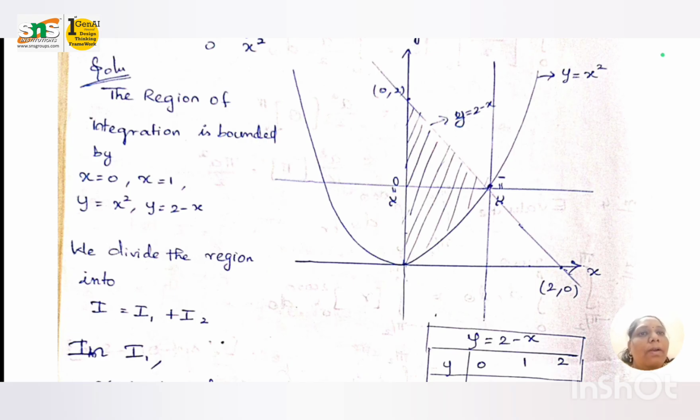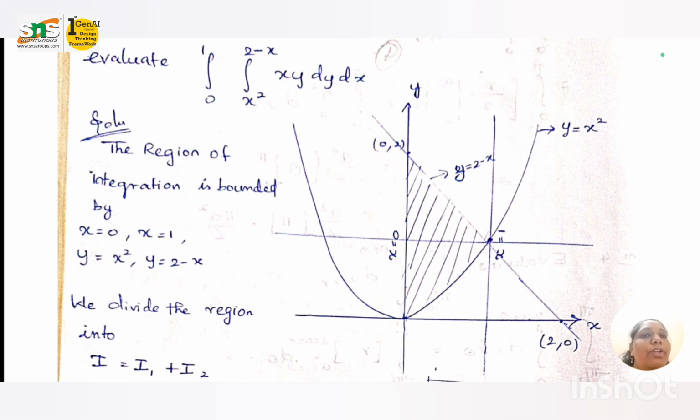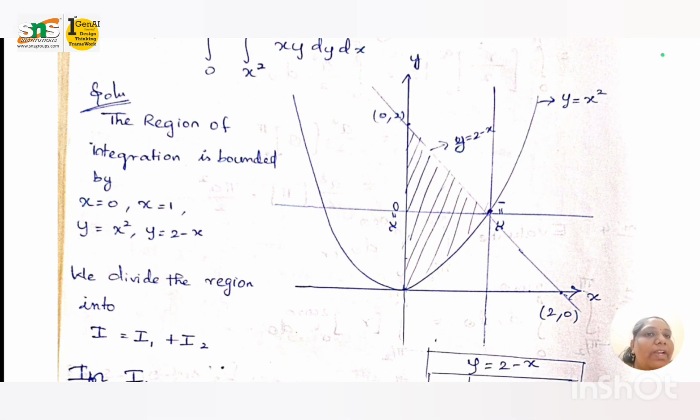So y equal to x squared, we know that is the equation of a parabola. So we are creating a parabola y equal to x squared, and we are plotting the points 0 comma 2, 1 comma 1 and 2 comma 0 and making a straight line, which represents y equal to 2 minus x. So in this parabola, the line is splitting the region into two parts.